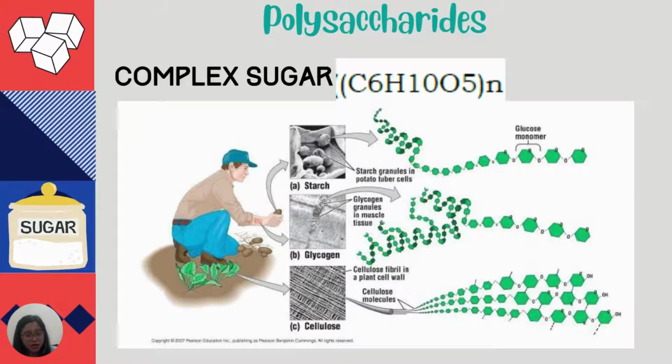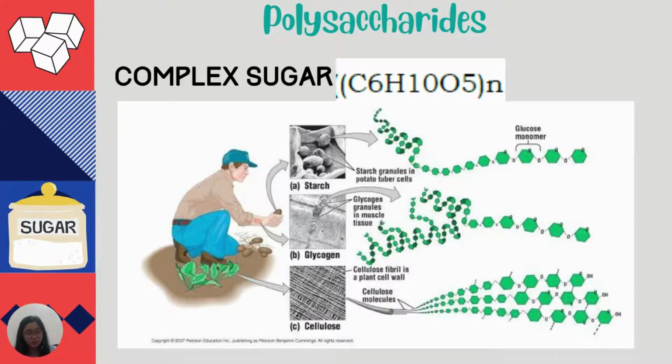Polysaccharides are capable of acting as storage. So, anong ini-store po doon ng mga polysaccharides? The energy. So, they store energy or structural. Pwede din siyang capable of structural, meaning parts of the cell structure.